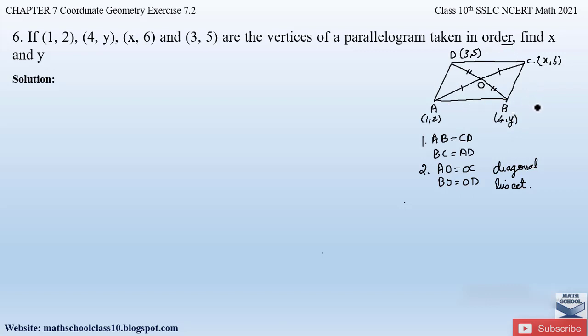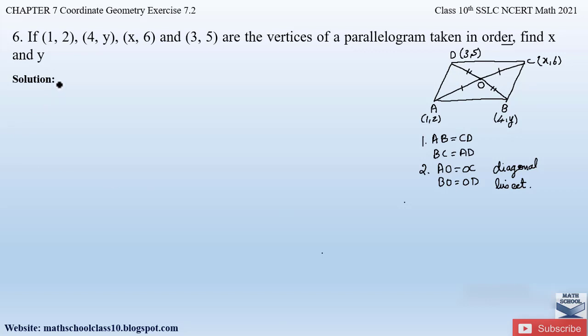So the second option is to apply the section formula, where we can consider the diagonal AC as a line segment and point O as the midpoint of the diagonal AC. Similarly, we can consider the diagonal BD and let O be the midpoint of this diagonal BD, and then we can apply the section formula here.